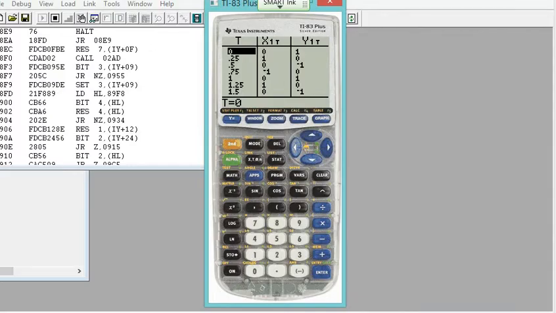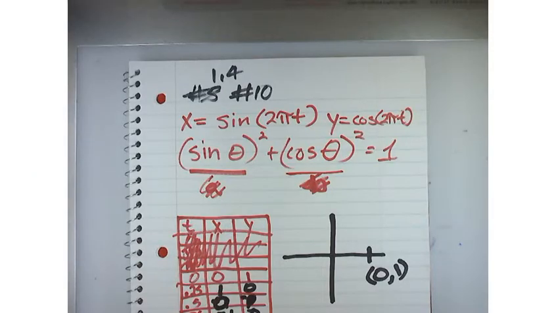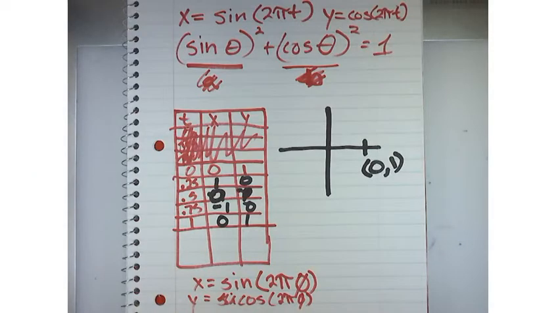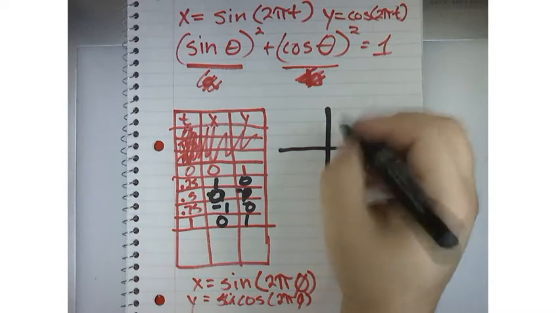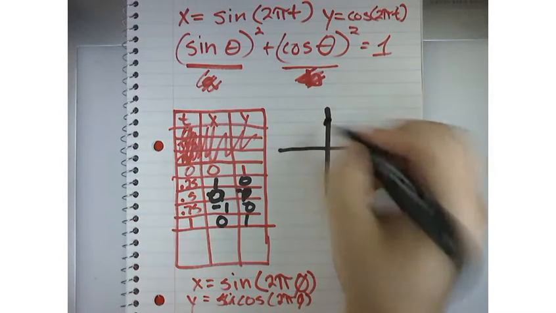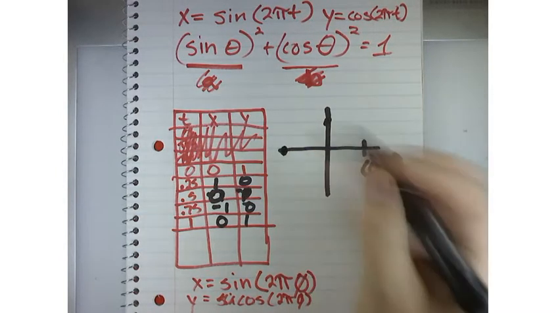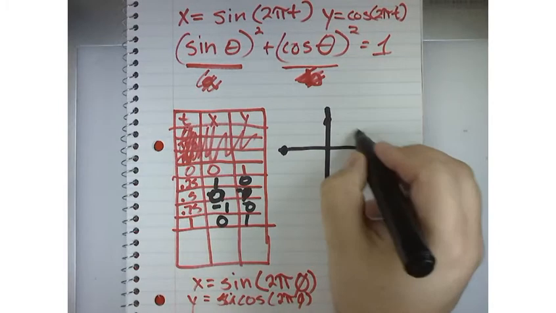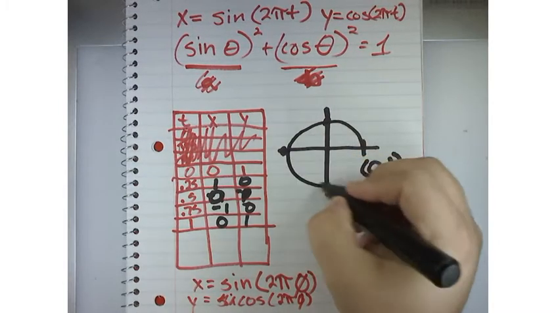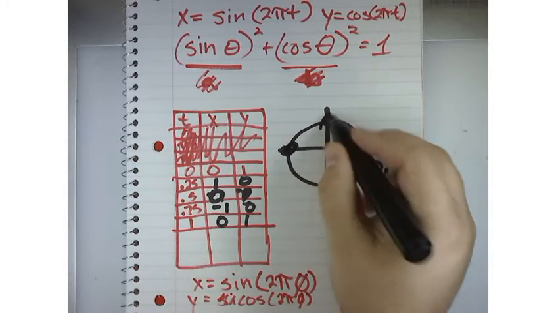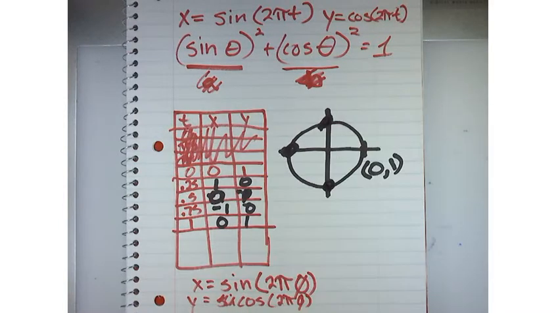And so if we come back to this, what I basically have here is the unit circle, right? As I come around, I'm just going to have all these points. And so I have a circle here, with a radius of 1.